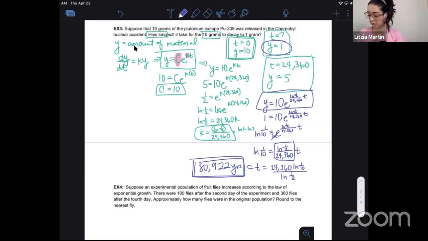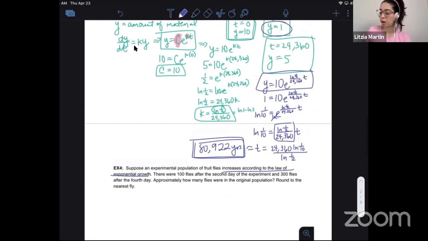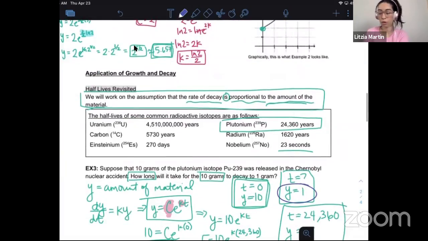So we have an experimental population of fruit flies, and it increases according to the law of exponential growth. So this is a new phrase that we haven't necessarily seen, but it's similar to our phrasing here, where it says the rate of decay is proportional to the amount of material.